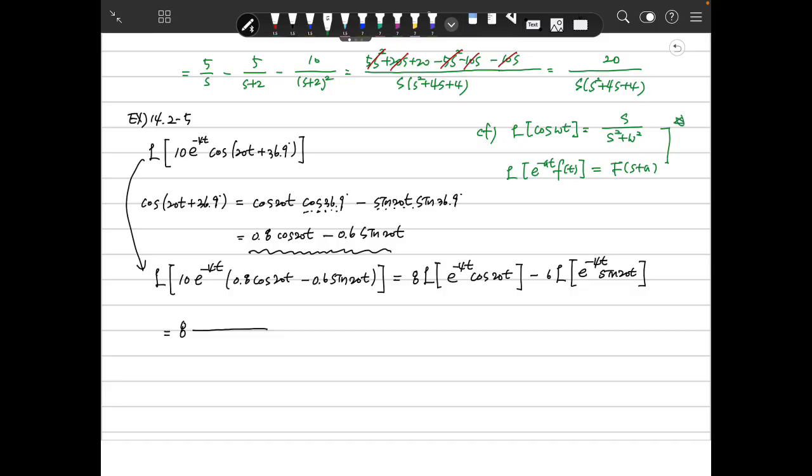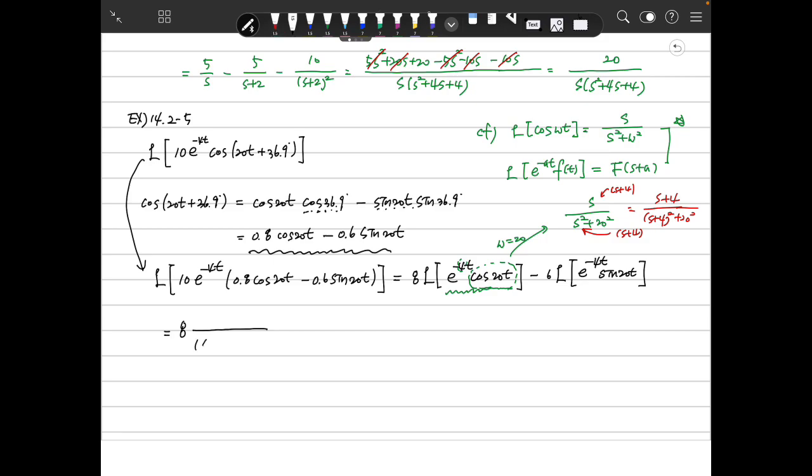Using these things, as we insert omega is 20, originally that is s over s squared plus 20 squared. And because of that, we replace s with s plus 4. Therefore, that is s plus 4 over s plus 4 square plus 20 square.